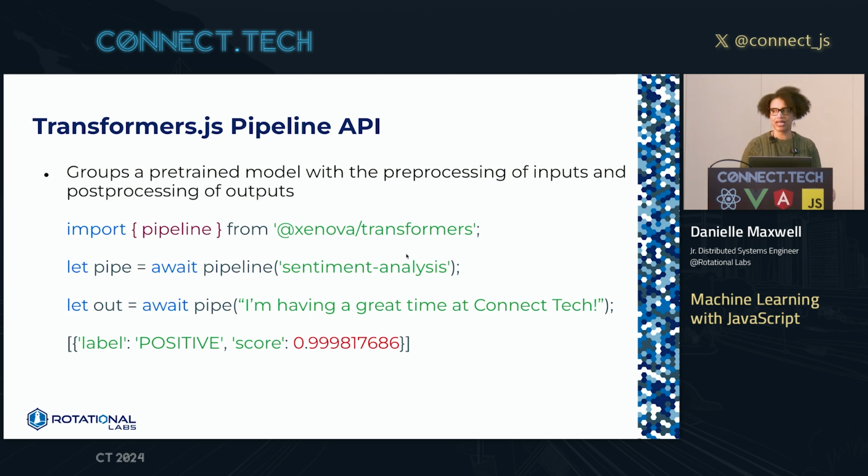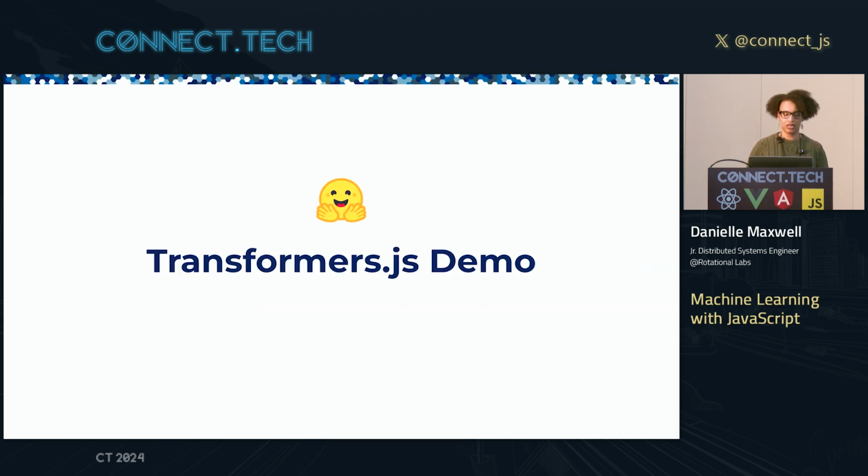Here I said sentiment analysis. You can also specify the model. In this particular example, it's only the task, which means the Transformers.js library will choose the default model for you if you don't specify the one you want to use. Then I say, having a great time at Connect.Tech. And you'll get back a label, positive, and then a score, if you're working with sentiment analysis.